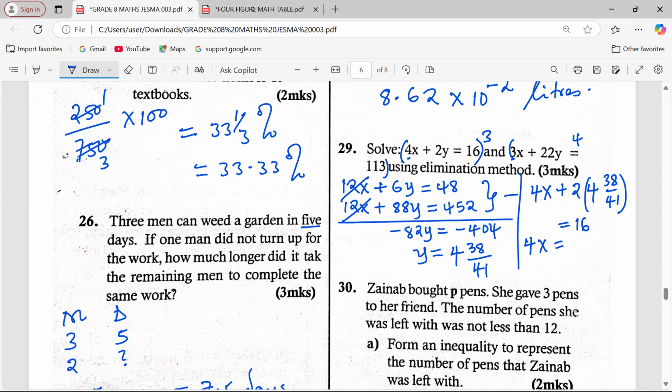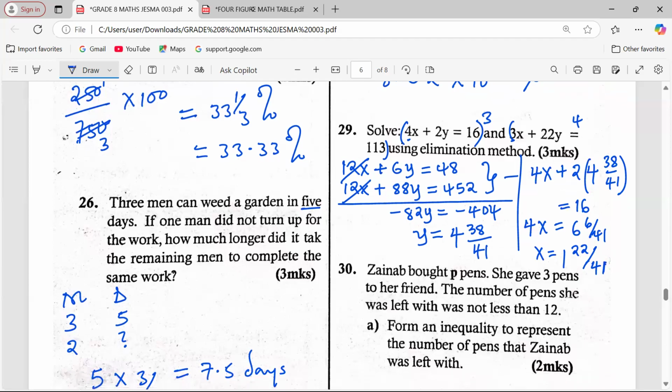Then we take 2y to the other side, whereby it will be subtracted. This will become 6 and 6/41. So that the value of x now is when we divide through by 4. In this case, we'll get 1 and 22/41. So that is the value of x. The other value is of y.